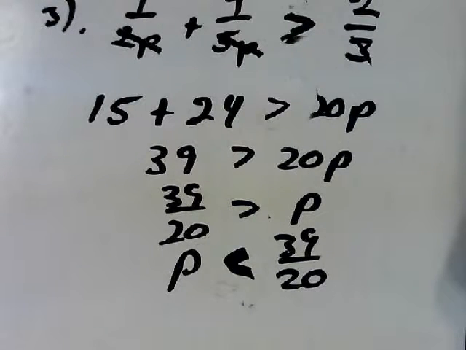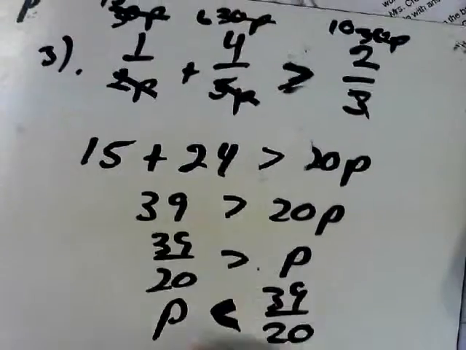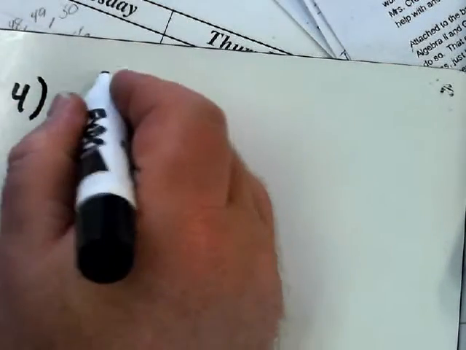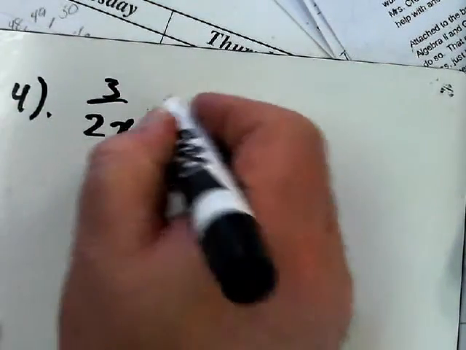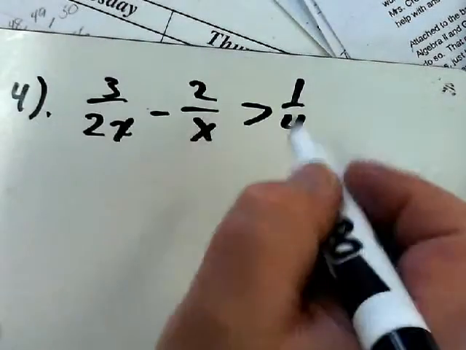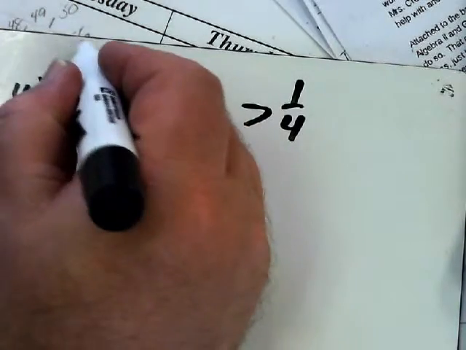Alright? I know I'm going through them quick, but I want to get through them all. Number 4. 3 over 2x minus 2 over x is greater than 1/4. My guess is my common denominator would be 4x.